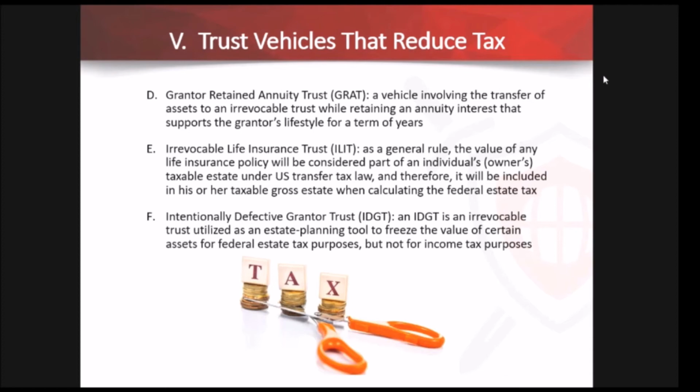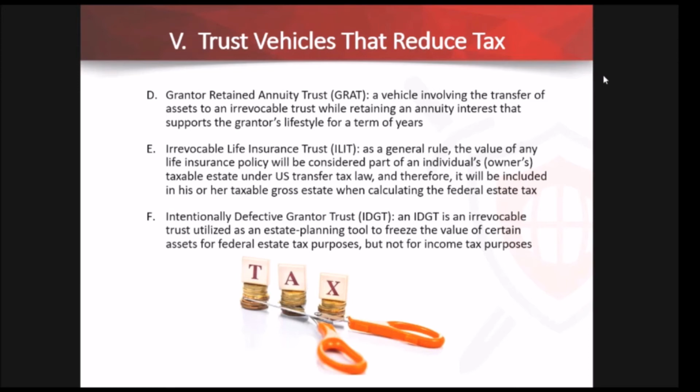Since you're capped at 11.58 million for a lifetime as your exemption amount, the idea is that you can freeze the value of what the asset is right now. Depending on what it is, if you utilize an LLC or an FLP, you can actually make minority transfers of the asset and get a huge valuation discount with the transfer into the annuity. So you reduce the overall exposure to the U.S. transfer tax.